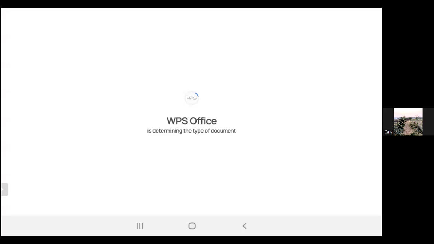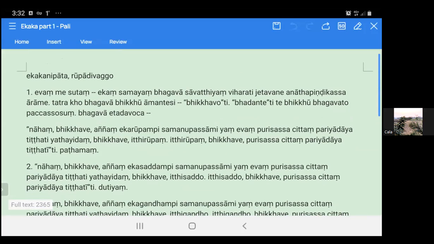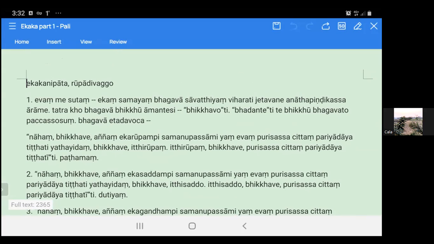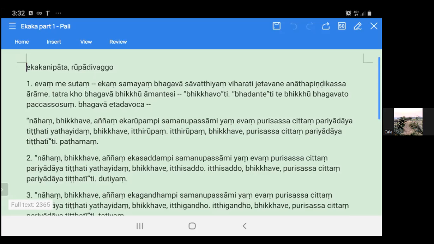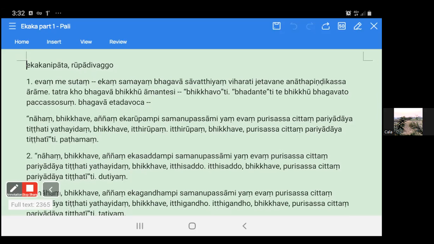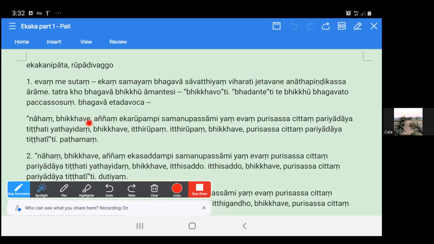I hope you printed it out so you can follow better. This is the Pali text. We will do some merit by reciting the Pali, but I don't want to recite all, so everybody takes turns. I will recite number 1, and somebody will recite number 2.